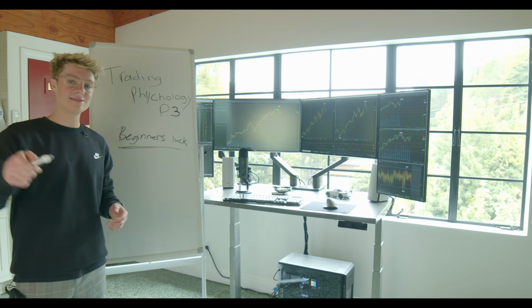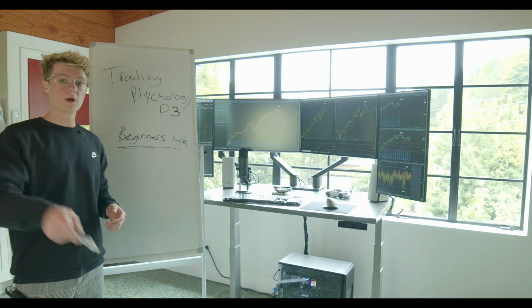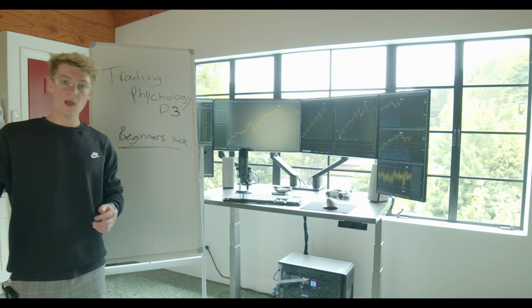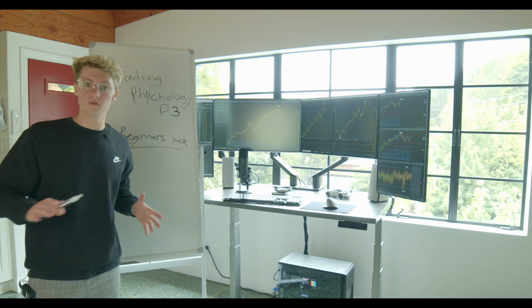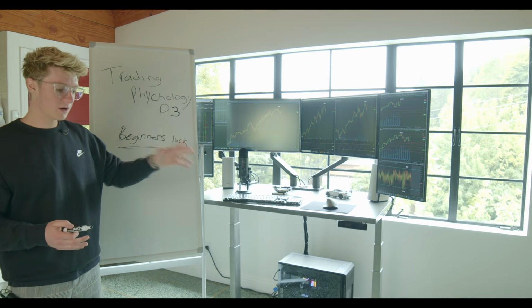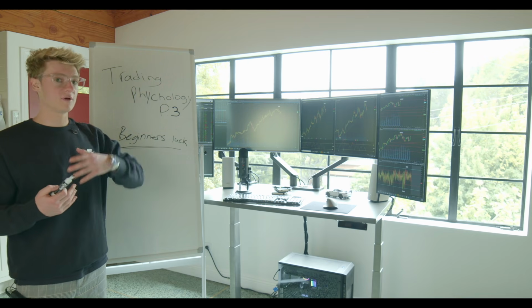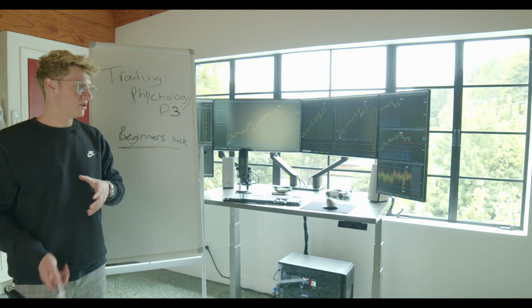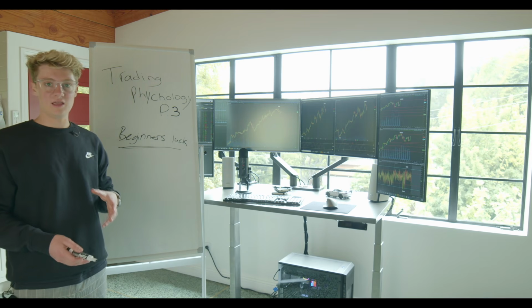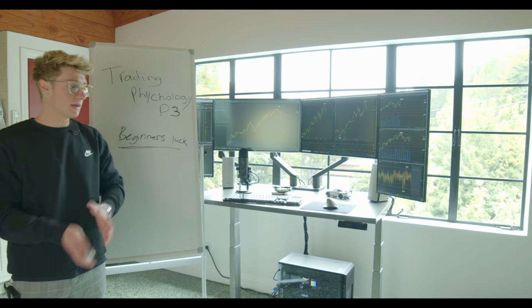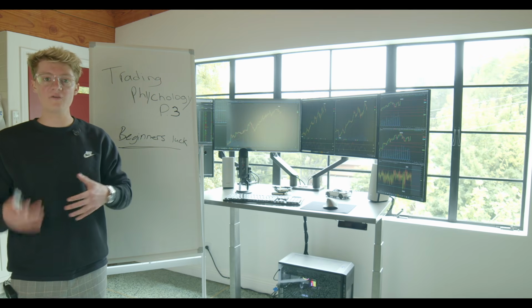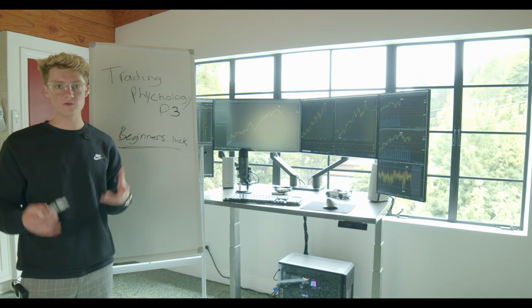Because you have to identify what is working for you, and in order to do that, you have to be able to have this level of consistency, because we are here as traders for the long run. We're not here to make a couple $100,000 in a year or two, and then proceed to lose that all because we haven't been able to find any consistency within our trading.